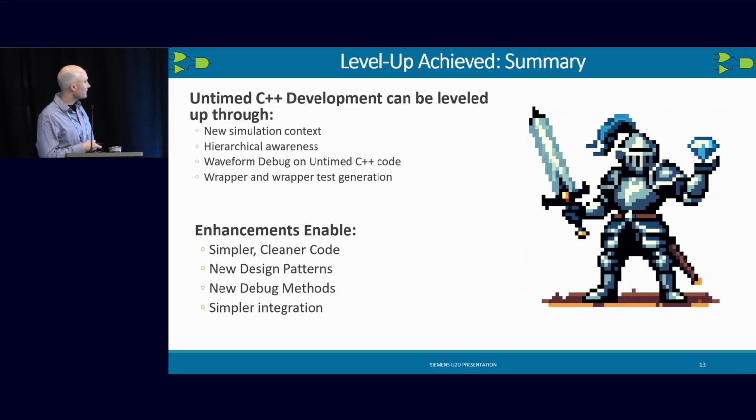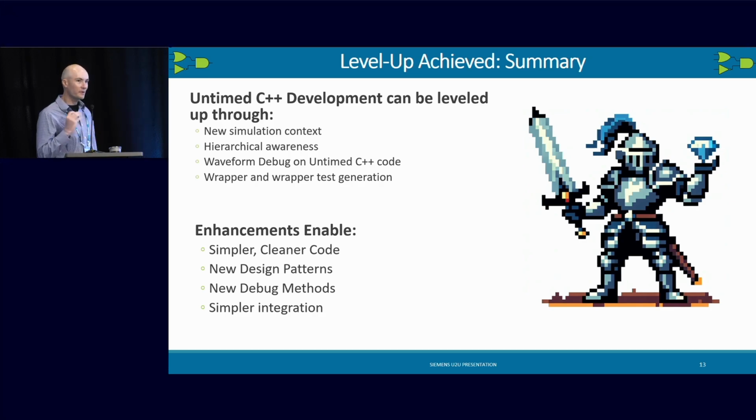This is a deeper topic, pretty much another presentation, but when you have those coroutines enabled, you can really do a lot more with Untimed C++, where conventionally you'd have to transition to a SystemC-based design. It really expands the reach of what can be done in Untimed C and what kind of designs you can express efficiently and simulate correctly in Untimed C.